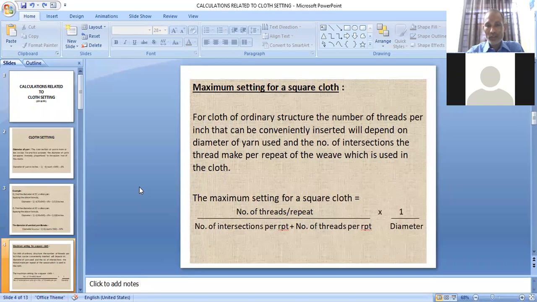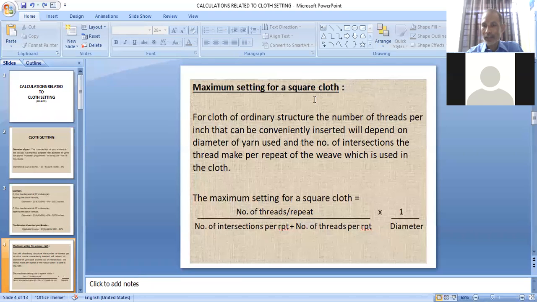Now, maximum set for a square cloth. Here a few terms we have to understand. Maximum setting can be termed as maximum sett. Maximum set means the maximum number of EPI and PPI which can be taken for a square cloth. Square cloth means when the EPI and PPI are equal.